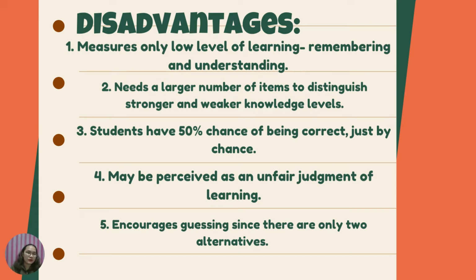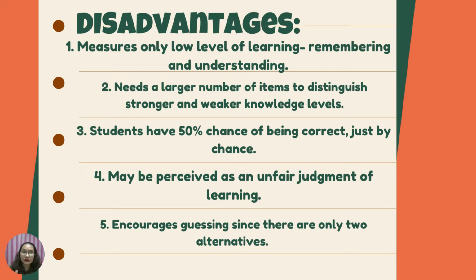Meaning to say, we are just letting the students memorize, or the students are just using their memory to test if the question is true or if the question is false.